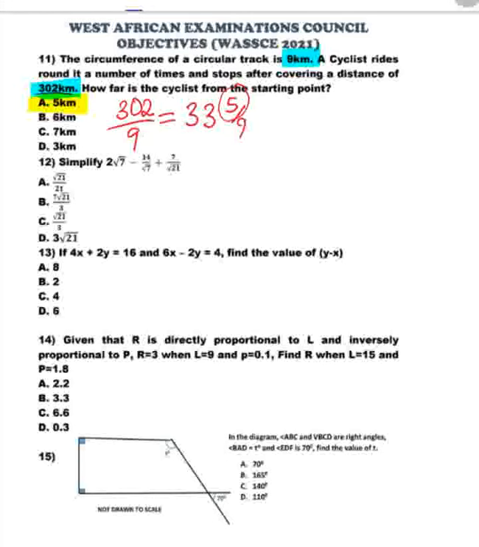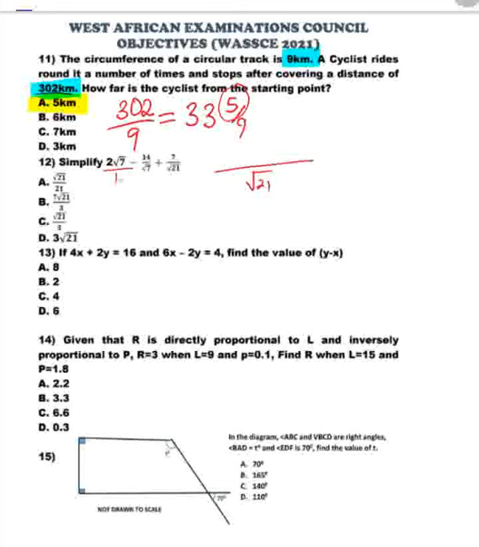The second question states, simplify 2 root 7 minus 14 over root 7 plus 7 over root 21. All we need to do here is to subtract and add the fractions we have. The LCM is root 21. Okay, we're going to make this one over 1.